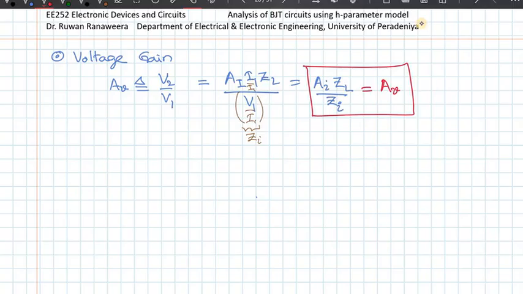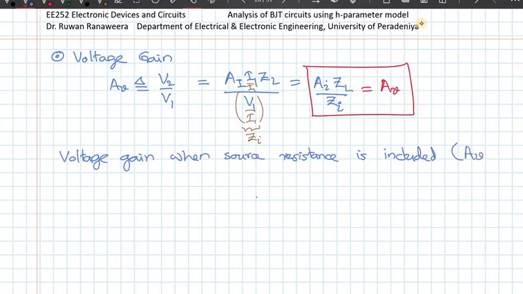If I want my voltage gain to be the ratio of the voltage at the load divided by the voltage generated by the source, let me define the voltage gain when source resistance is included as Avs, which is V2 over Vs. Now I can write this as V2 over V1 times V1 over Vs. We know V2 over V1 is Av, so Av times V1 over Vs.